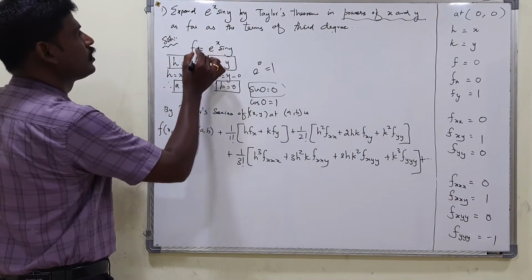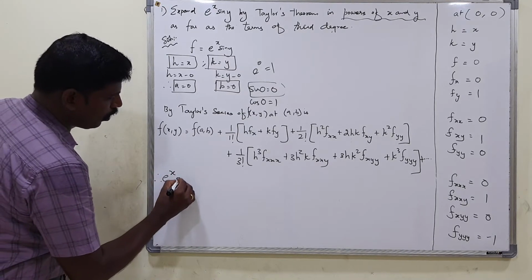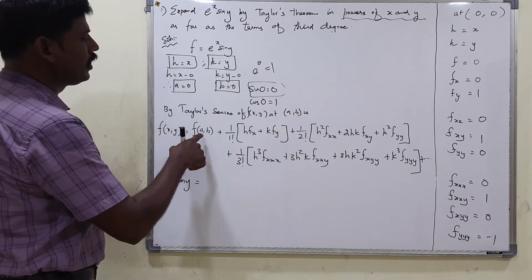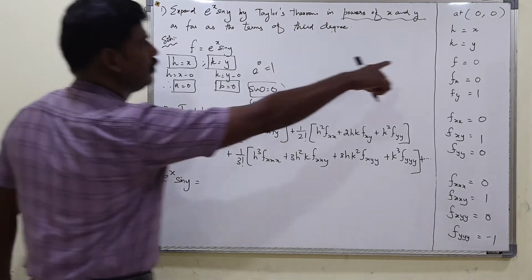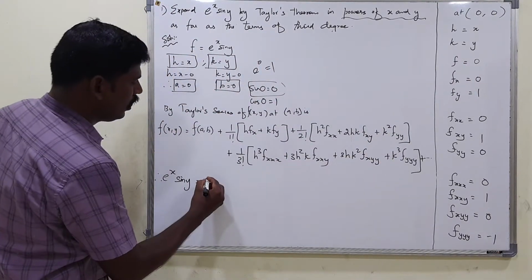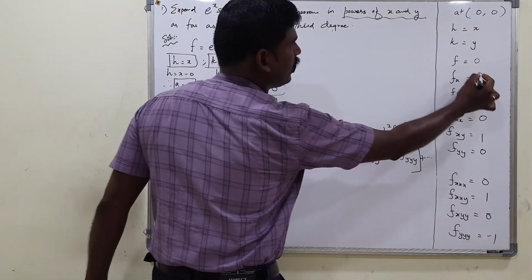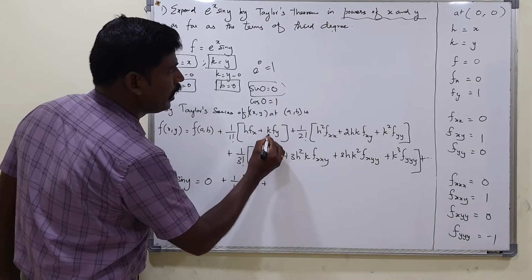So what is f of x comma y? That is the given problem, e power x sin y. What is f at a comma b? Here, f at a comma b is 0. Then 0 plus 1 by 1 factorial into fx is 0, so this first term is completely 0, plus k. What is k?